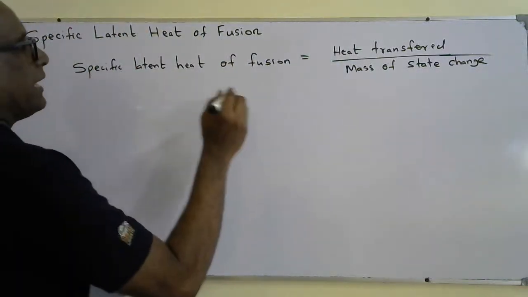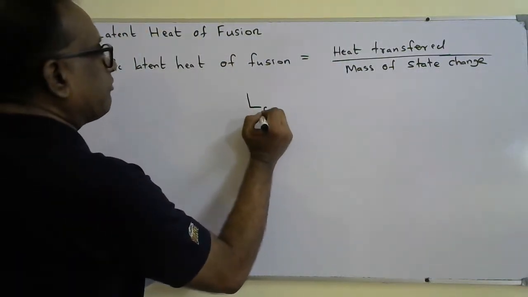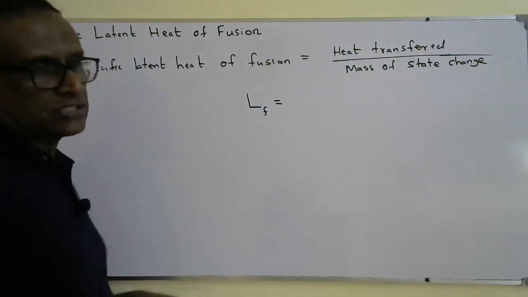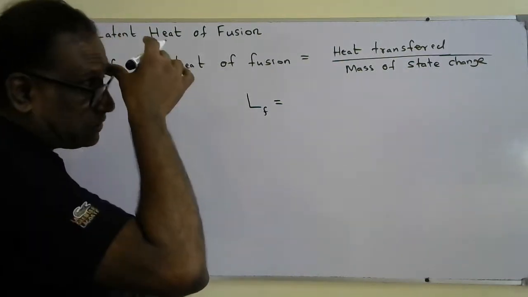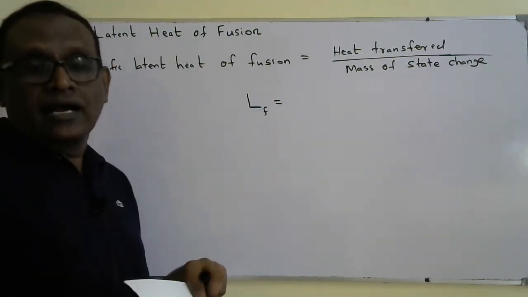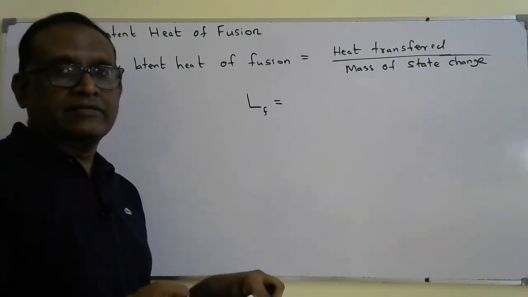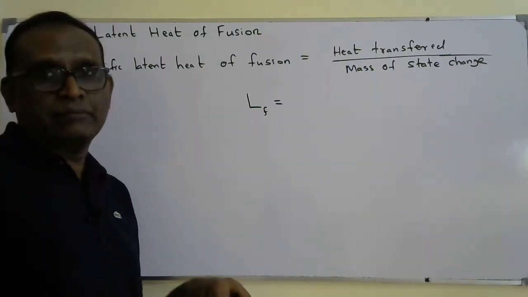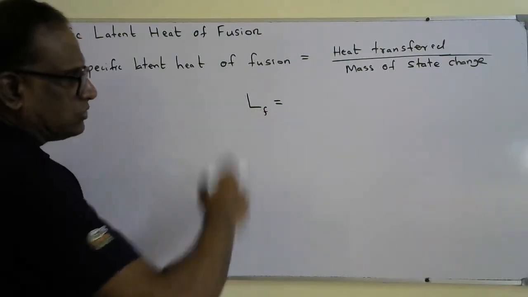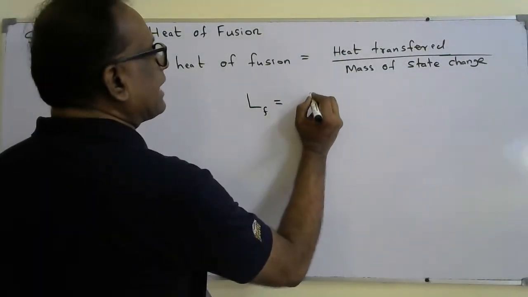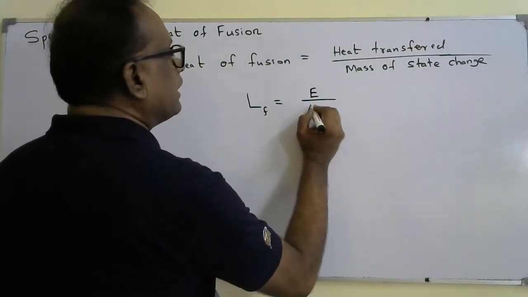Normally this is denoted by LF, latent heat of fusion. Most of the books use LF. Some books use L for both specific latent heat of fusion and specific latent heat of vaporization, same notation. I use LF. Heat transfer, we can put E over delta M.